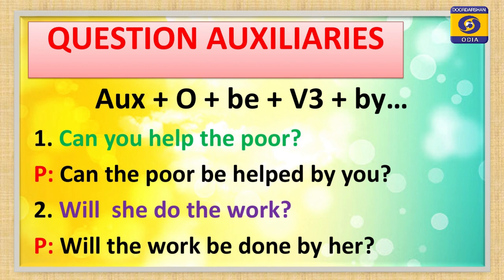What is a helping verb? A helping verb is a verb that helps the main verb in the sentence. Its function is only to help the main verb in making question sentences or negative sentences, or in such contexts.